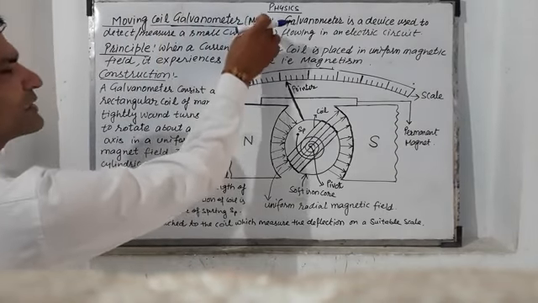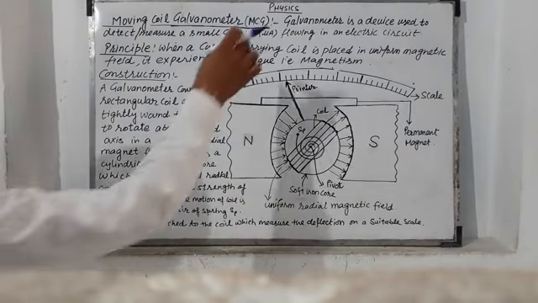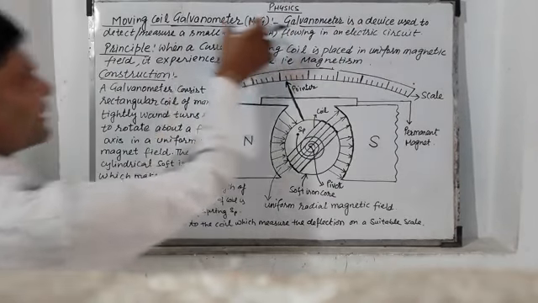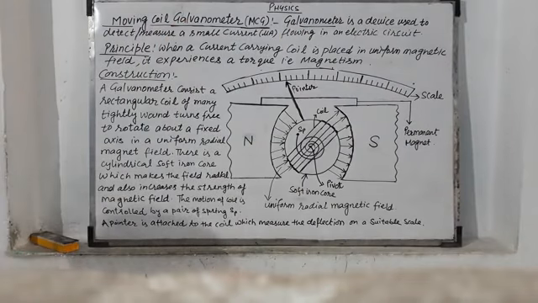Once again we start from moving coil galvanometer, MCG. Galvanometer means moving coil galvanometer.